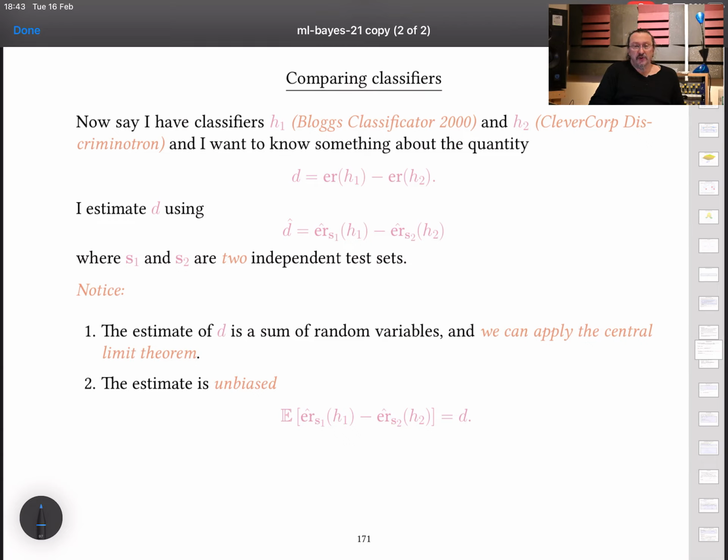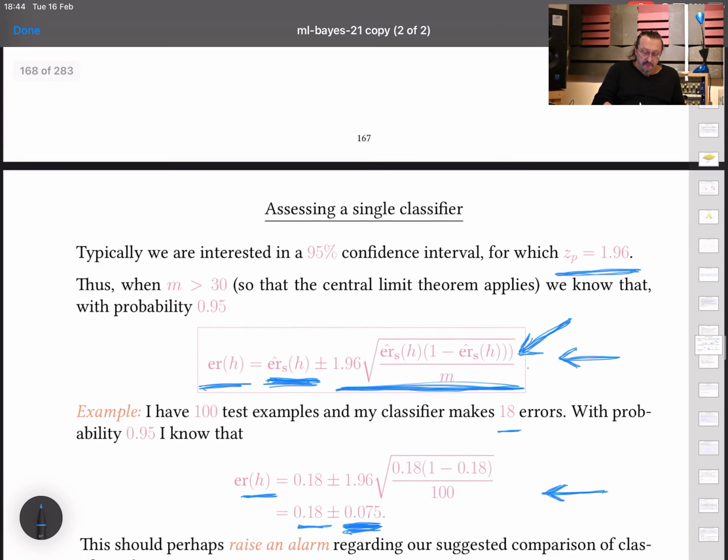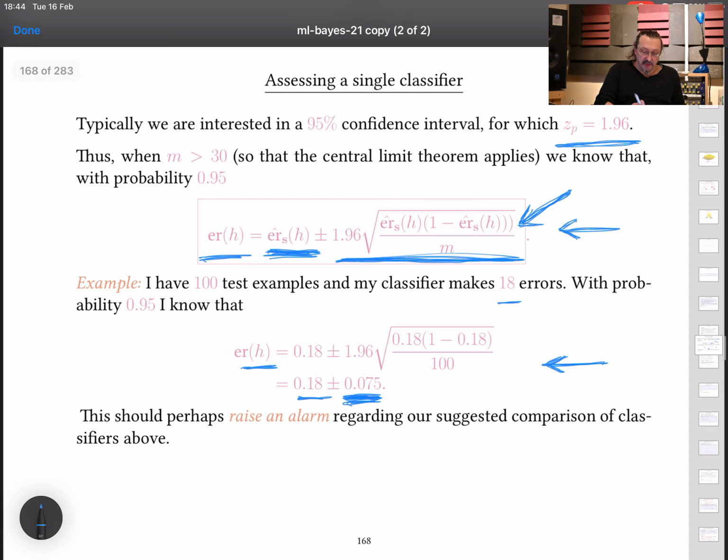I want to know whether the difference between one classifier and another is of significance to me. Okay, so everything I've said so far, in particular, for example, in this example here, I had a single classifier h, and I'm estimating its generalization performance. And what I'm learning is that the actual generalization performance for that classifier h is within some kind of bound around the estimate that I've made.